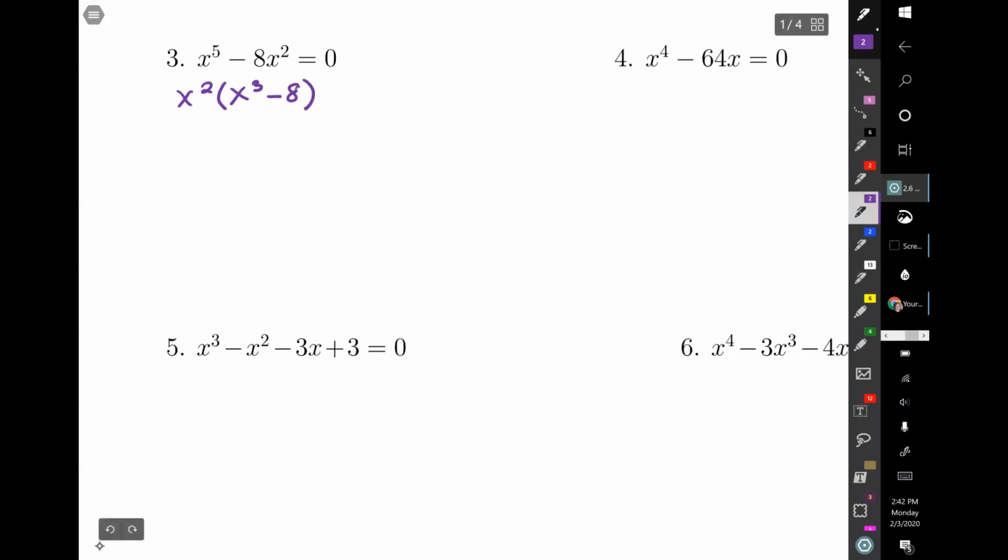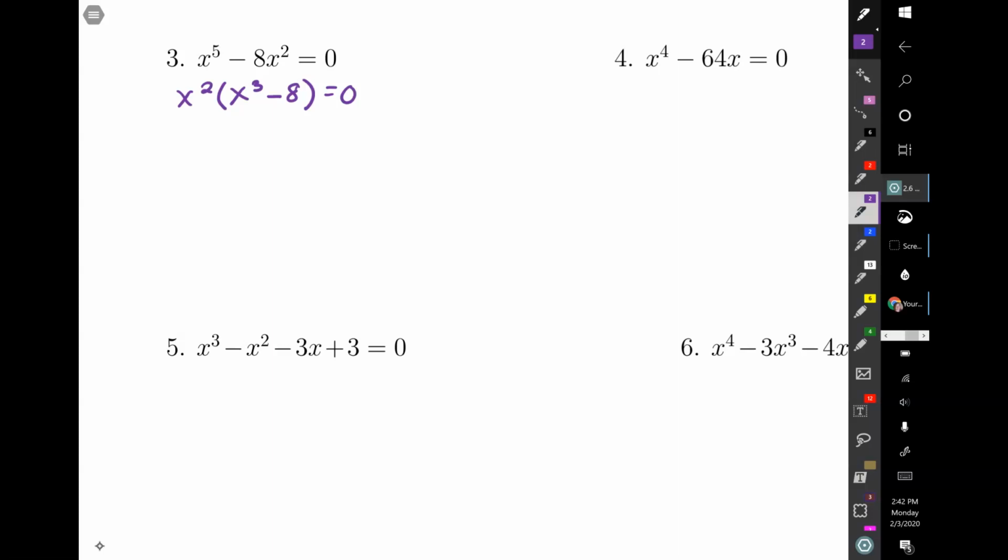This x to the 3rd minus 8 is a difference of 2 cubes, so that kind of has its own special thing that we don't get too much into in this course. It might come up, but the way we're going to do this, it'll work out really nicely.